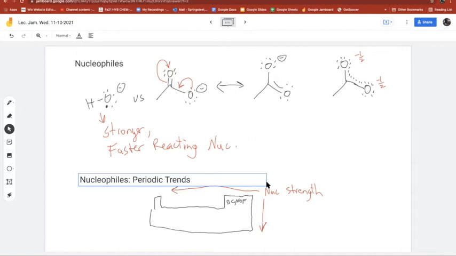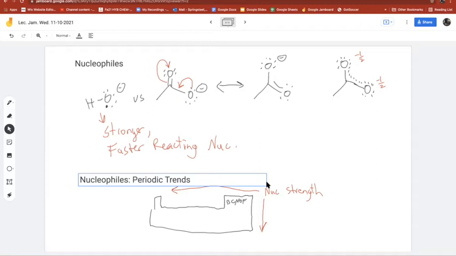So does this trend, the nucleophile trend, follow along with any other trend we've learned? Does that work for acids and bases, say base strength? Do you get stronger as a base going to the left? You do get stronger as a base that way. But do you get stronger as a base down? No, you get stronger as a base up. So it doesn't really follow the base trend exactly.